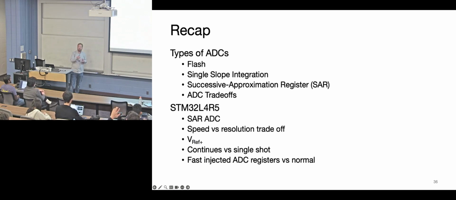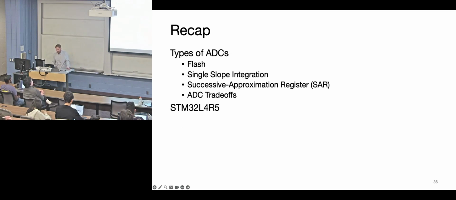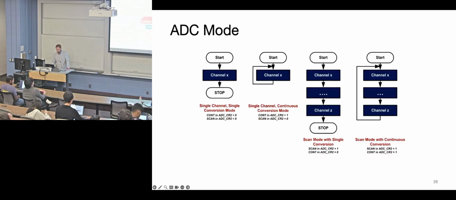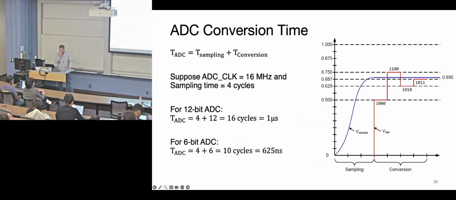Can you explain the ADC conversion time? It'll be confusing, I guess, how the values on the slides come about. Okay, good question. So it tells you that the sampling time is 4 cycles. It's given to you. You don't get a lot of control over that. Your data sheet's going to tell you what your sampling time is. So that's kind of a fixed value.